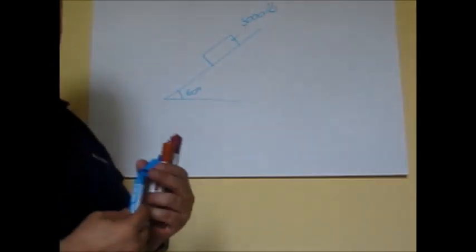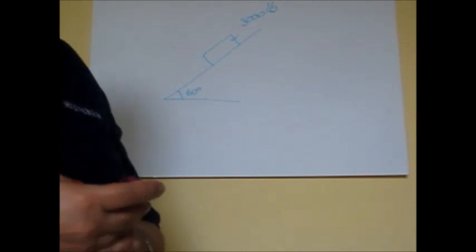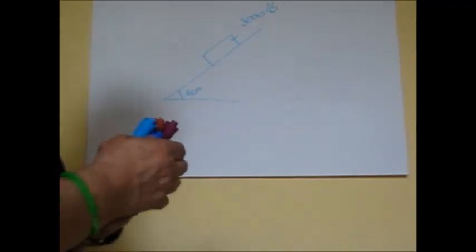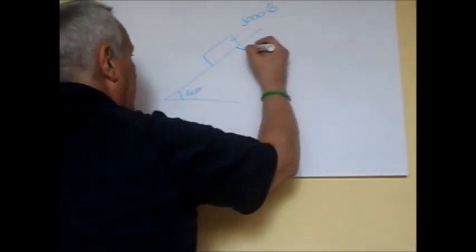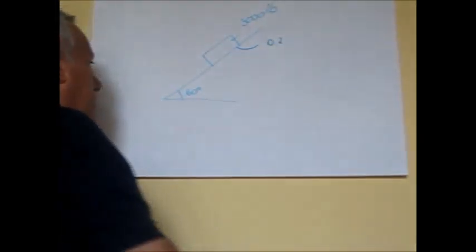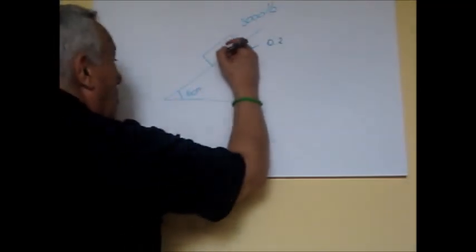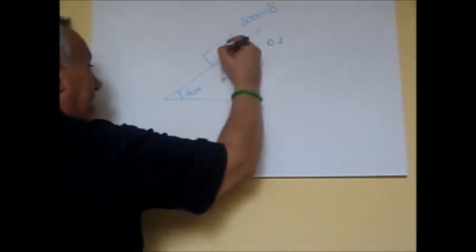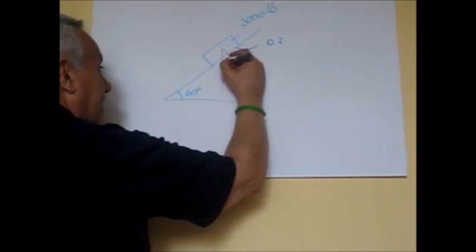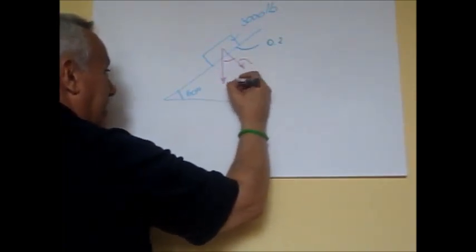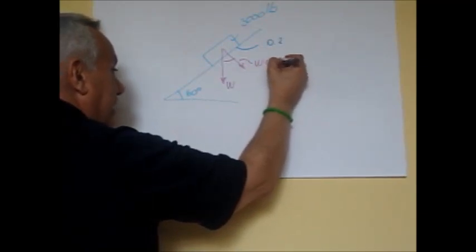He was given the coefficient of friction, I think 0.2, and was asked the total component of the forces that pull this one down. What forces do we have? Again, we have the weight. The weight has this vertical component, which is weight cosine 60.